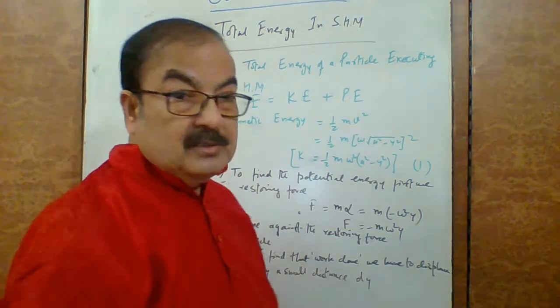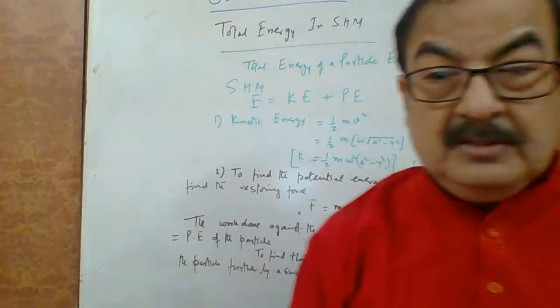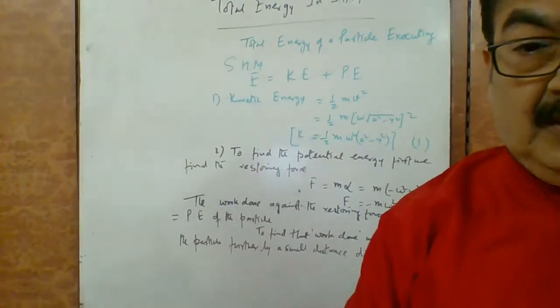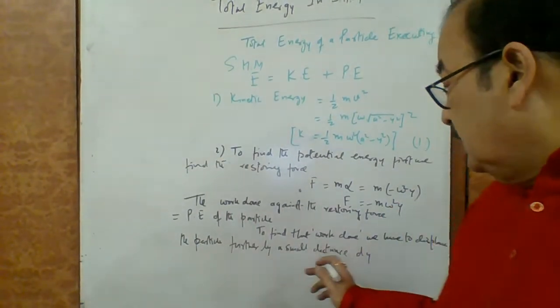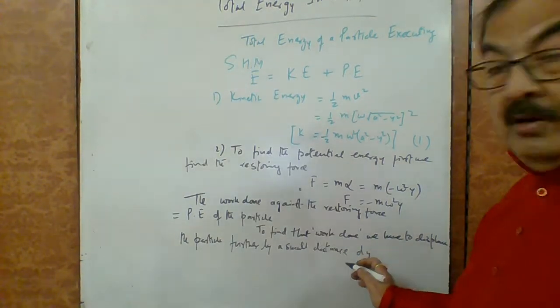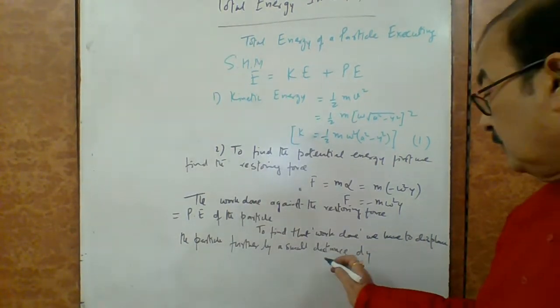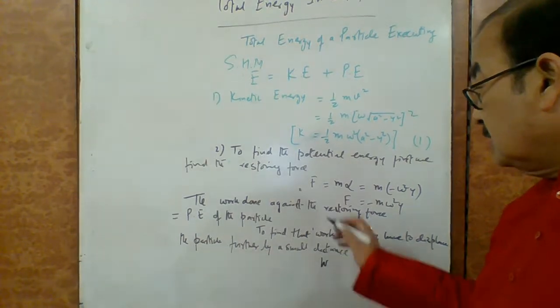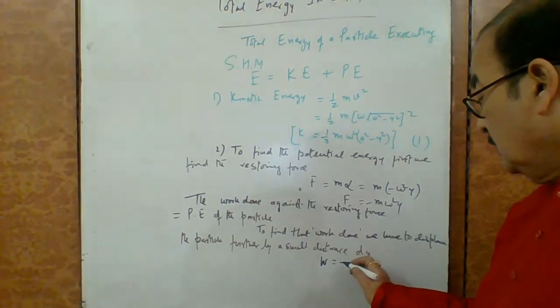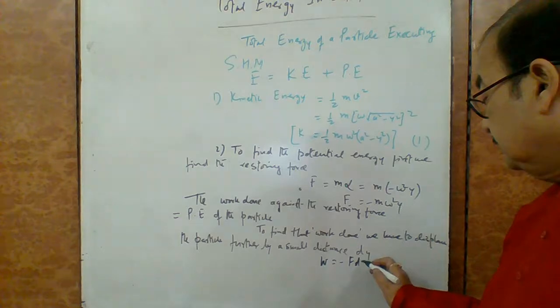That is, y is the general displacement, but to work out the work done we need a further small displacement dy, so that the work done against this restoring force will be equal to minus F dy.